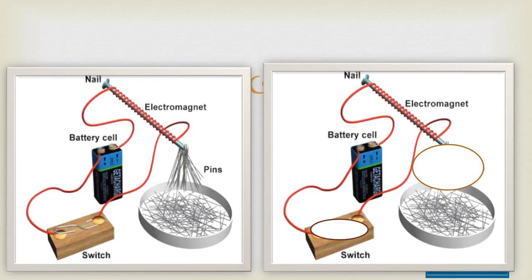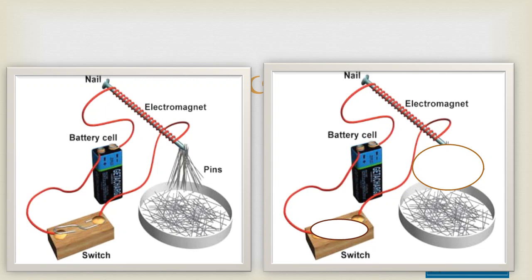Now students, in this activity we have to connect the wire with the iron nail, battery and switch. Now what will happen if we switch on the plug key? The pins which we have kept near the screw will start attracting towards it. And why is this so? Because the iron nail starts producing magnetism within the circuit.